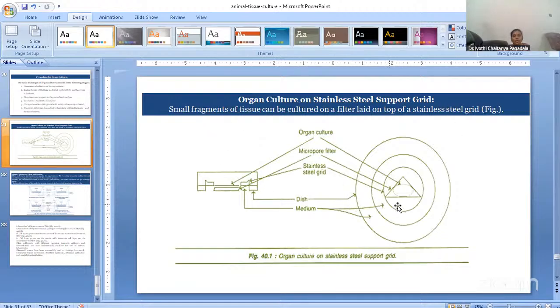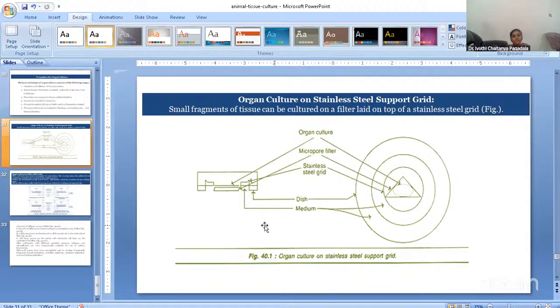You can see the small fragments of tissue that can be cultured on the filter laid on the top of the stainless steel grid. Here is the top position of the grid.